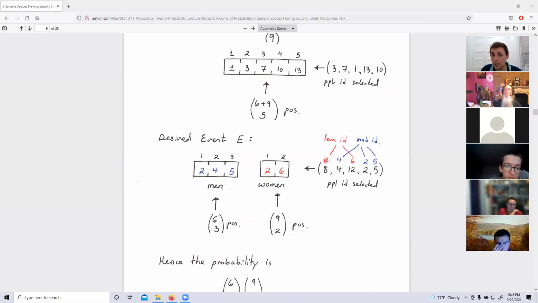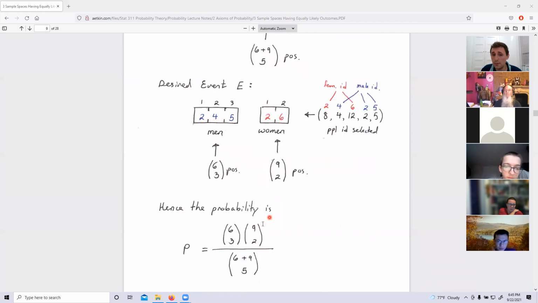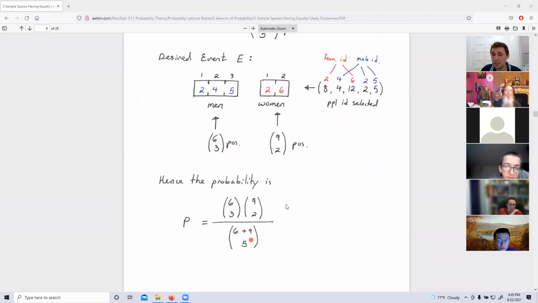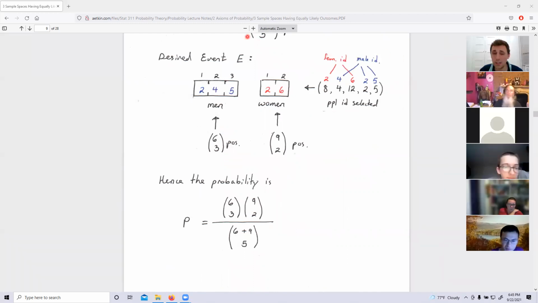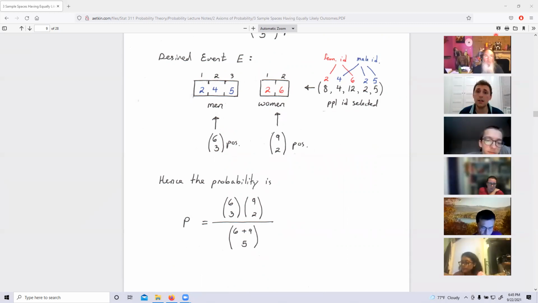And I put the female numbers in order. And so I have 6 choose 3, 9 choose 2. And I multiply them and I divide by 6 + 9 choose 5. And that's the desired result. Make sense? It's an easy question, guys, but here is how I think of it. And as the questions get harder, hopefully that type of thinking will help you here and there.